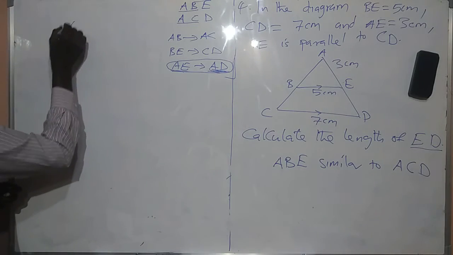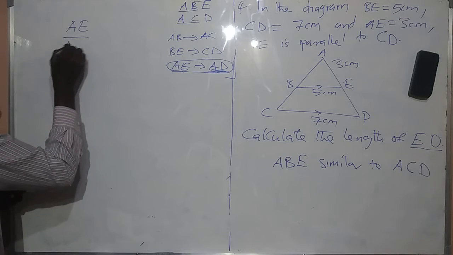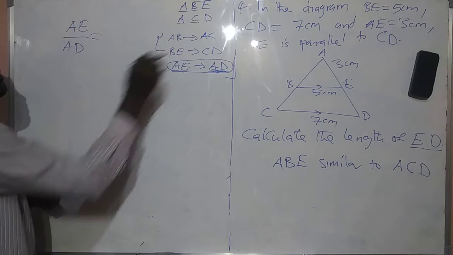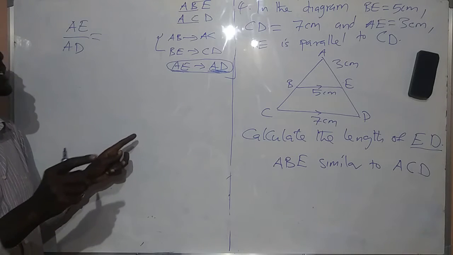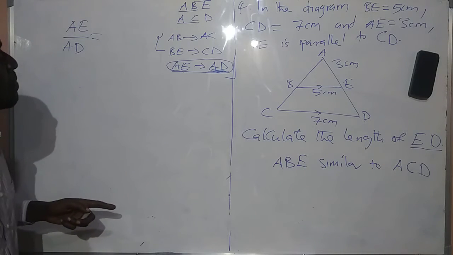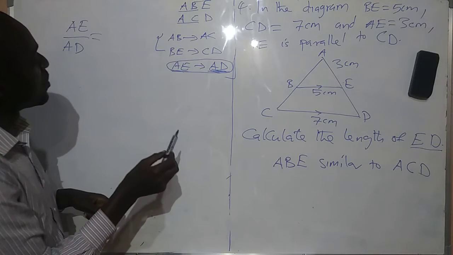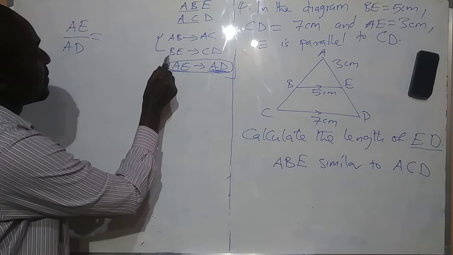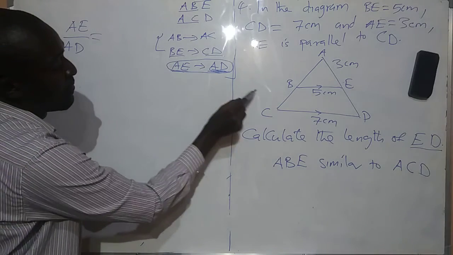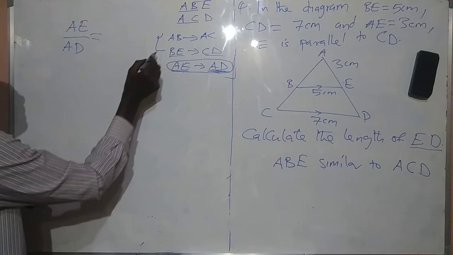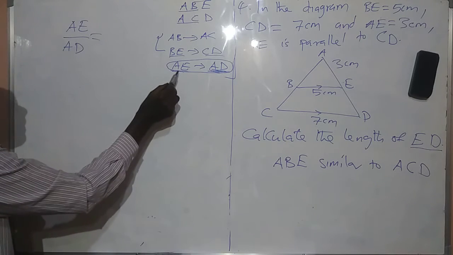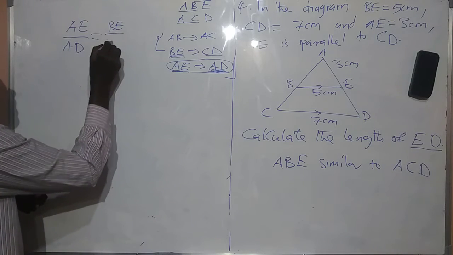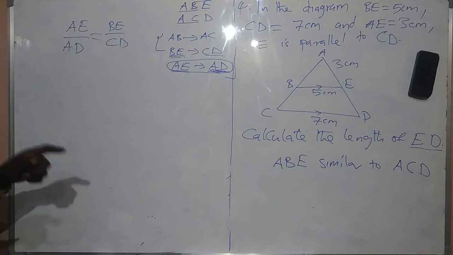So you are going to have AE over AD is equal to, and then you check the other two that have remained. Check on which side you have both of them given. BE is given, CD is also given. So since you started with AE, here you are going to start with BE. So BE over CD.